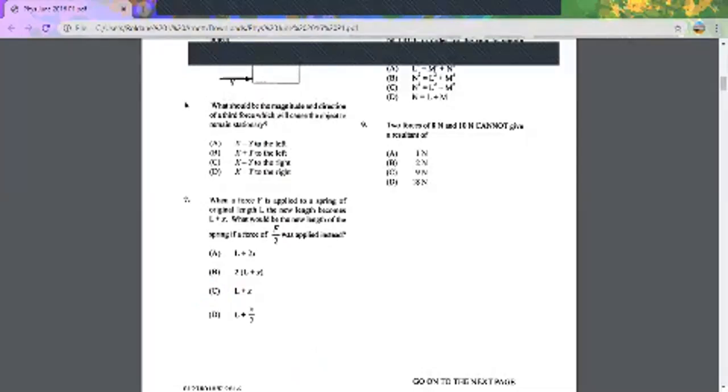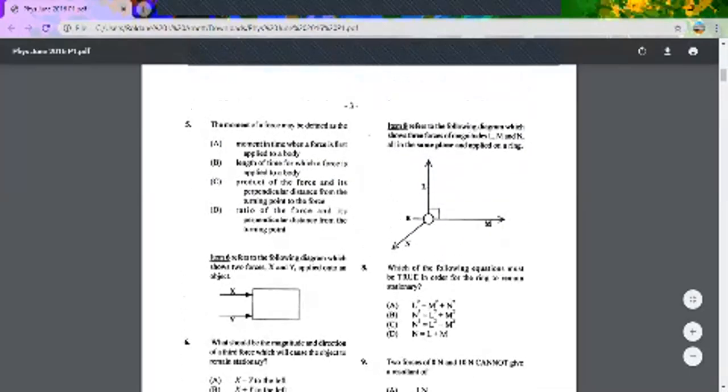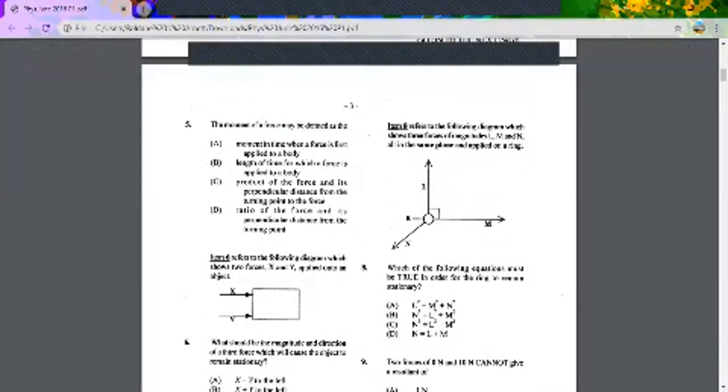Let's move on to item 8. Which of the following equations must be true in order for the ring to remain stationary? So this is very similar to item 6. For this to remain stationary at R, all the forces have to sum up to 0.